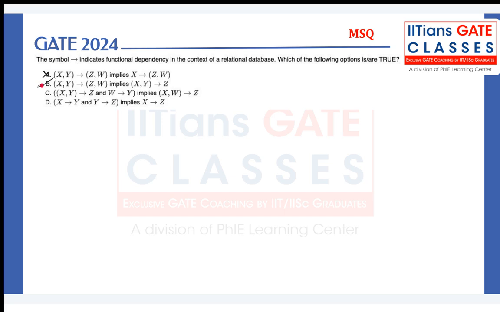So what is the closure of X comma W? With X comma W, what do you get? Okay, so that means you are getting Z, right? If from X comma W I get the value of Z, that's why you put it in the set of attributes.